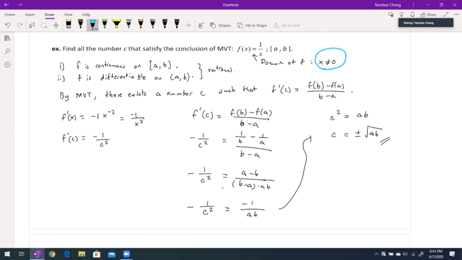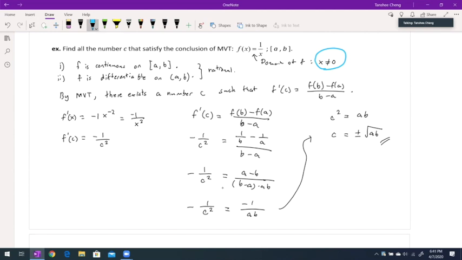To be talking about all the numbers c that satisfy the conclusion of the mean value theorem, we need to make sure that this interval [a, b] does not include 0, so that the function will be continuous on [a, b].